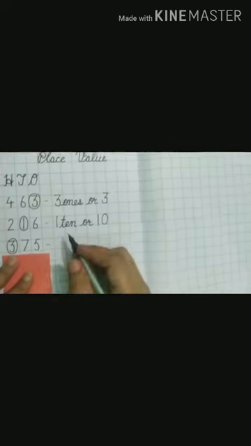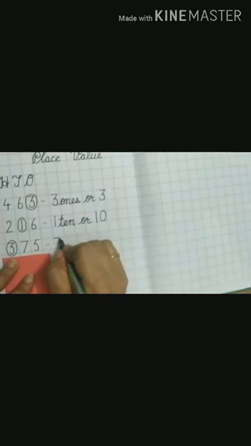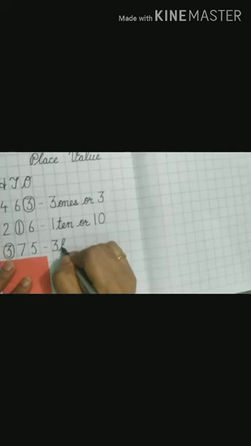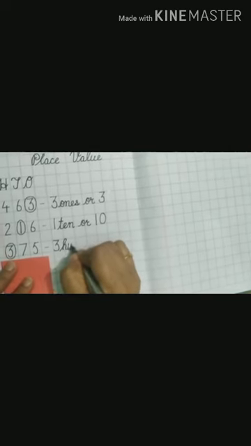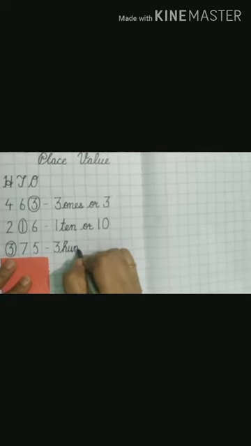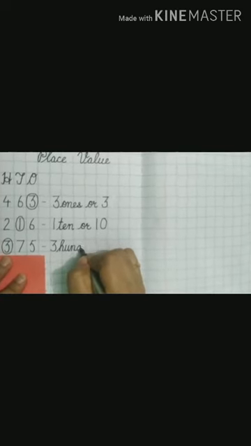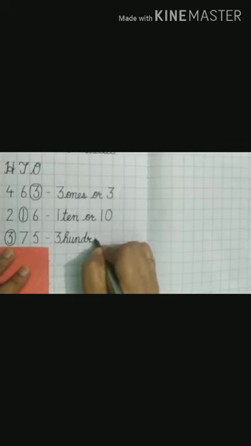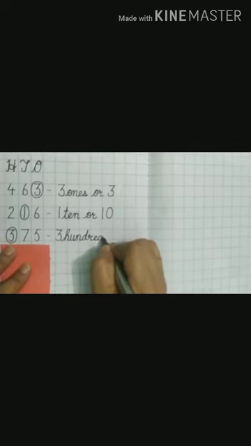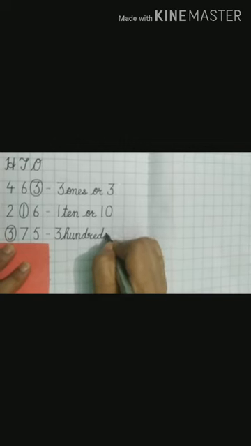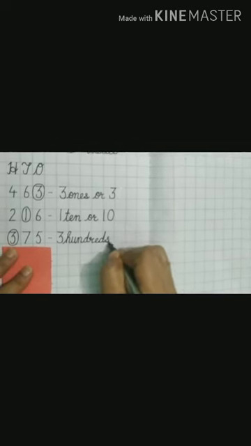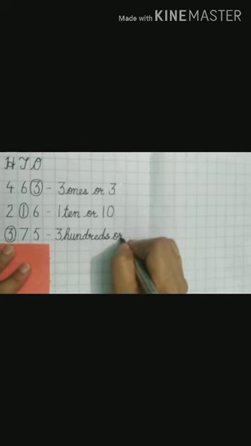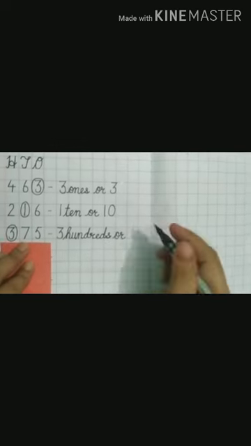So, we will write here 3 hundreds. 3 hundreds or 300.